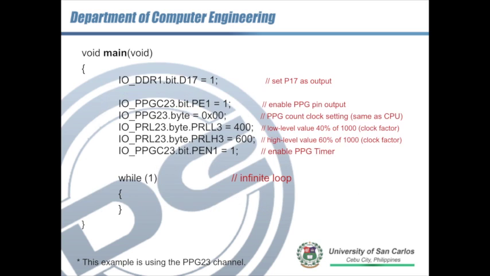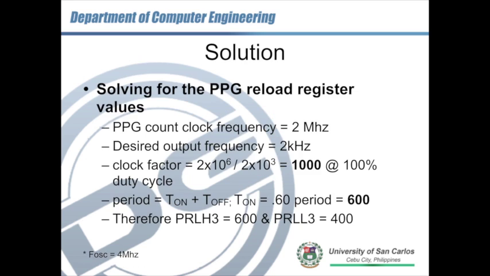If you have questions about the PPG timer, what it does up to this point is generate the desired clock frequency, that's 2 kilohertz, and of course the duty cycle, around 60%.